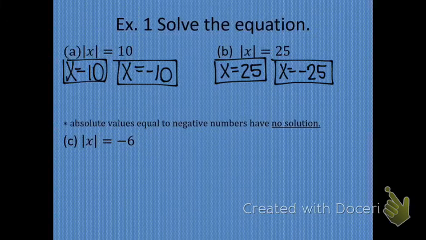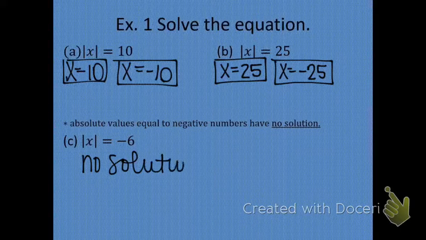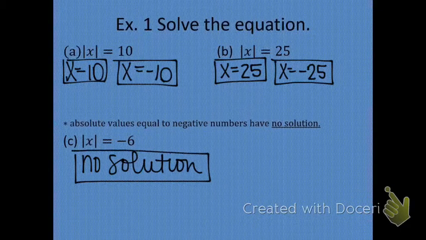The answer to any absolute value problem is always going to be what kind of a number? Positive. So is there any possible way that the absolute value of a number is going to come out to be a negative 6? So the final answer here is no solution. We do not have to write two equations. We don't want to write two equations. That's a waste of our time. The answer is no solution.